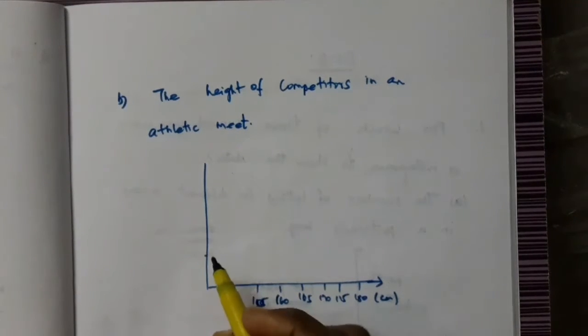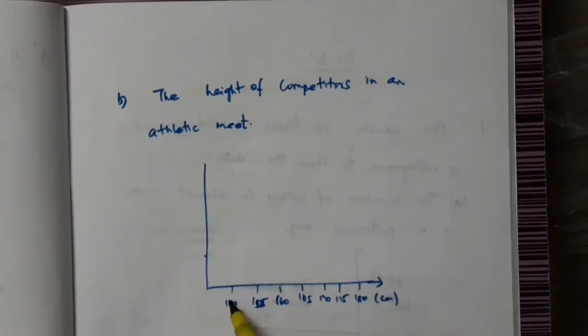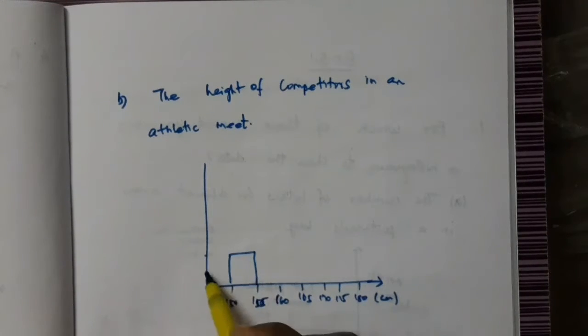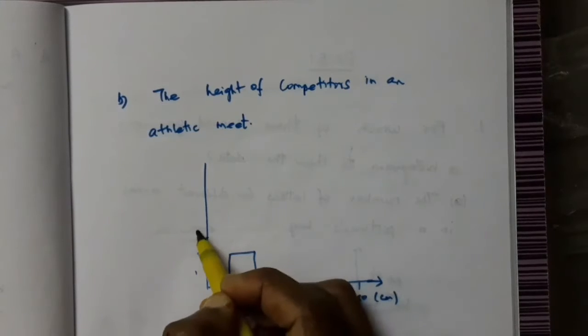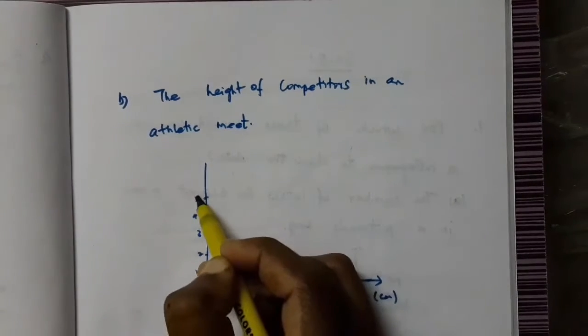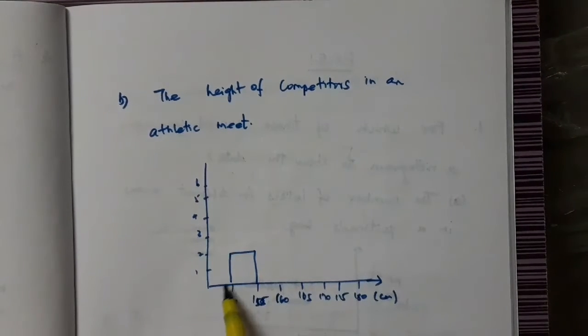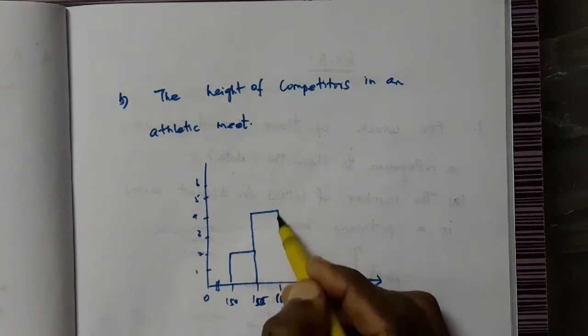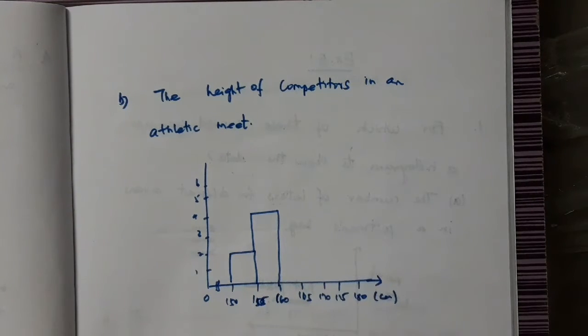Suppose from 150 to 155 there are 2 members, from 155 to 160 there may be 4 members, and so on for different heights.